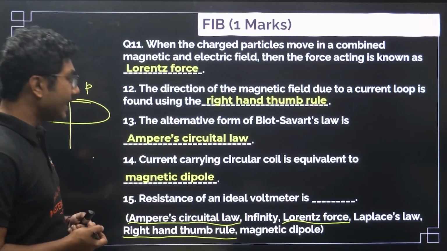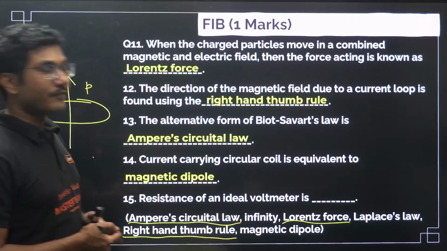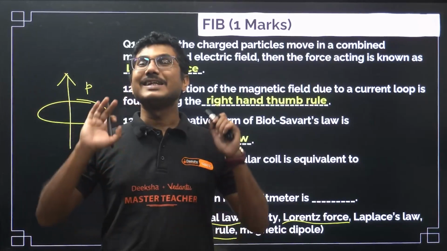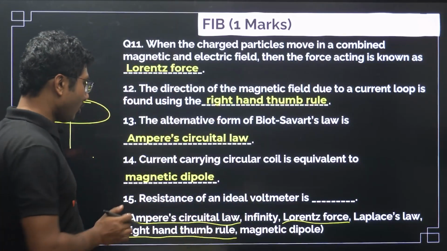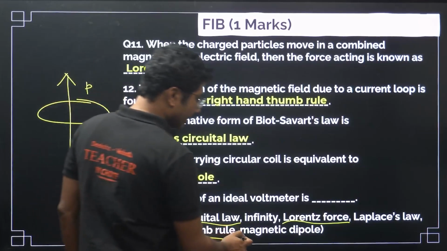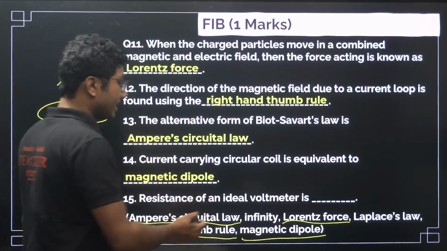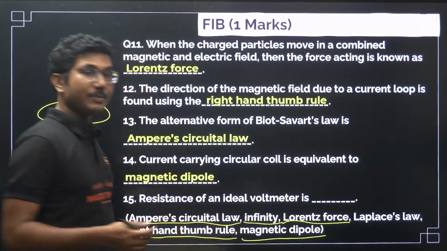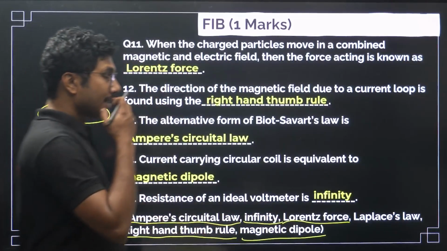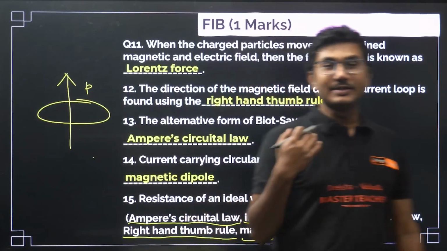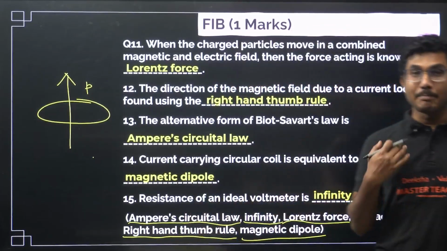The resistance of an ideal voltmeter is infinity, and the resistance of an ideal ammeter is 0.